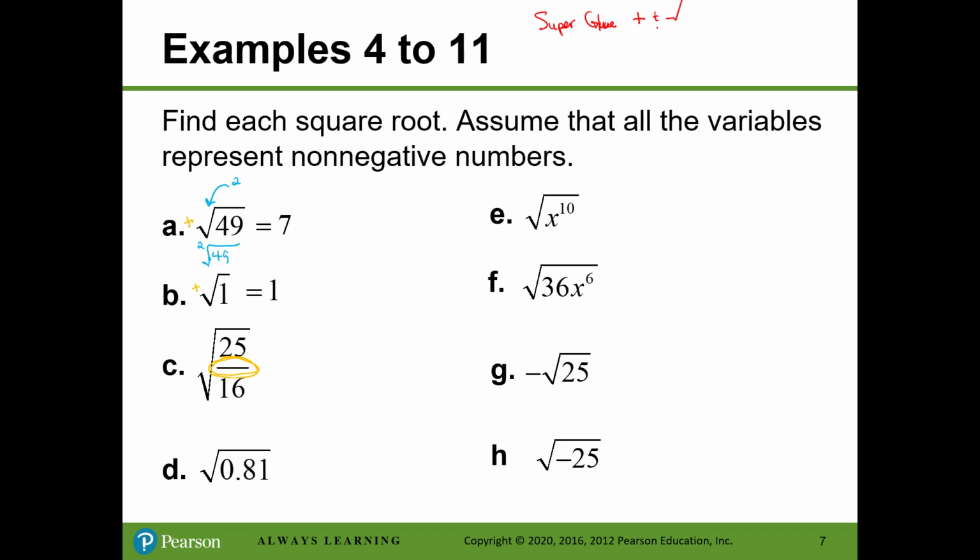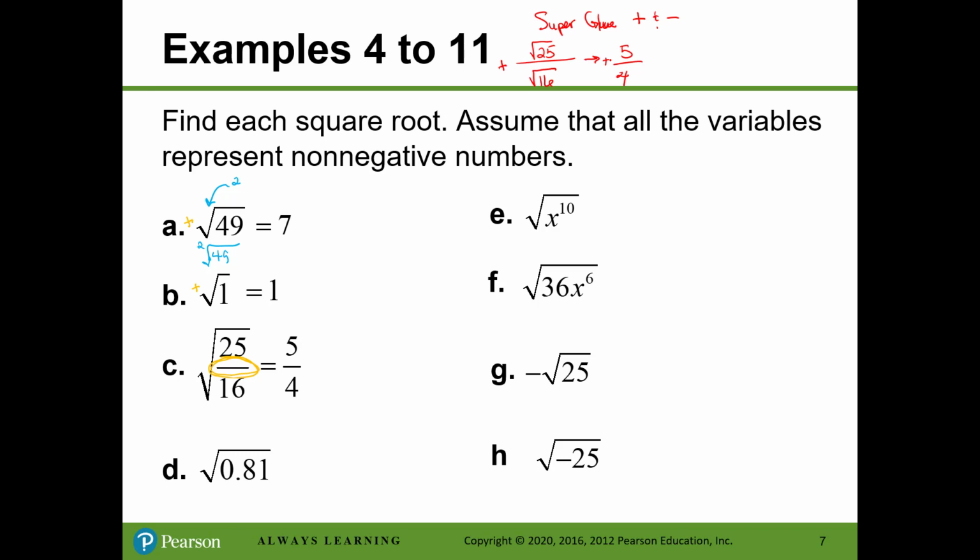So in this particular case, when they're looking at the square root of this fraction, I can look at it as the square root of 25 over the square root of 16. You know what the square root of 25 is? Yeah, 5. You also know what the square root of 16 is? Yeah, 4. And since there's a positive sign in front, this answer is a positive. Good? Make sense?